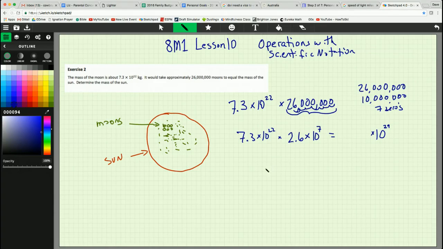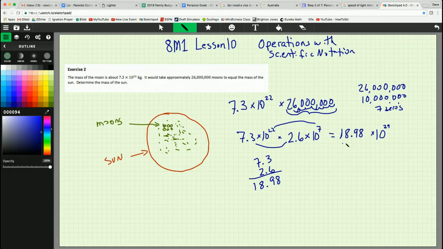And now we have to multiply 2.6 times 7.3. Well, when you work that out, it turns out that the answer is 18.98. Right? We multiplied these numbers and we added our exponents.